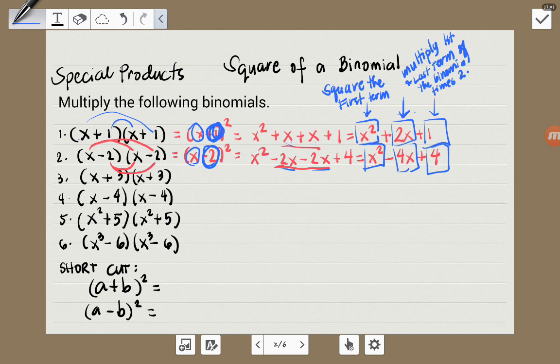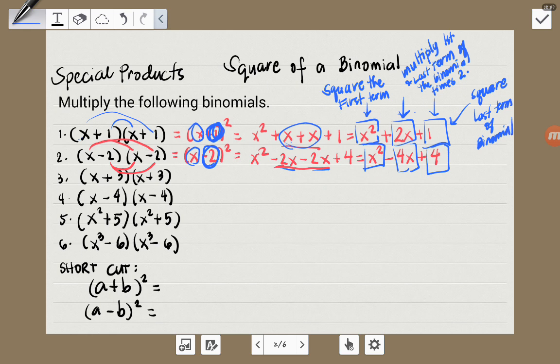Kasi yan yung sum lang naman ng outer at inner term na product. And sa last term natin, ay square lang ni last term of the binomial.